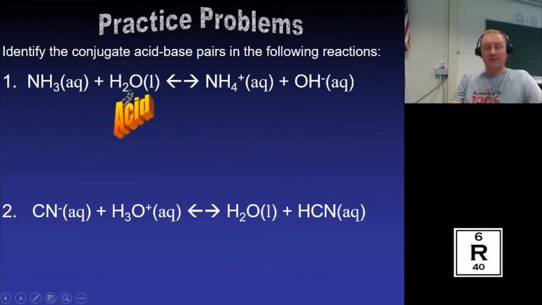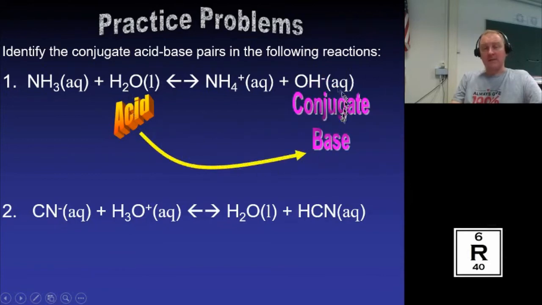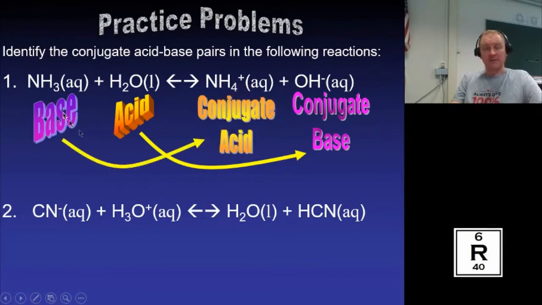And water then, after it gave it to the ammonia, what does water become? It lost a hydrogen ion. It becomes hydroxide. So the acid became the conjugate base, and ammonia is what accepted the hydrogen ion. So that's your base, and then what it becomes is the conjugate acid. So the base becomes a conjugate acid.